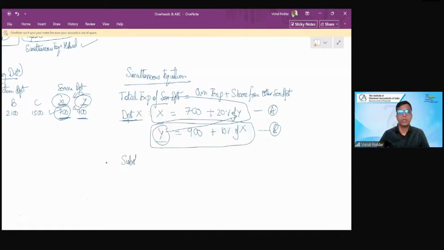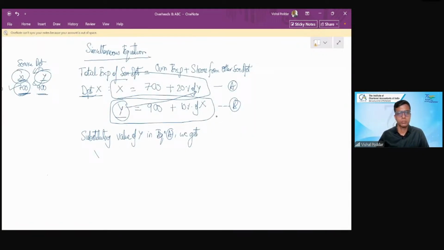So substituting the value of Y in equation A, we get 20% of Y. What is Y? 900 plus 0.1x. 0.1 is 10%. So this becomes the new equation of X.